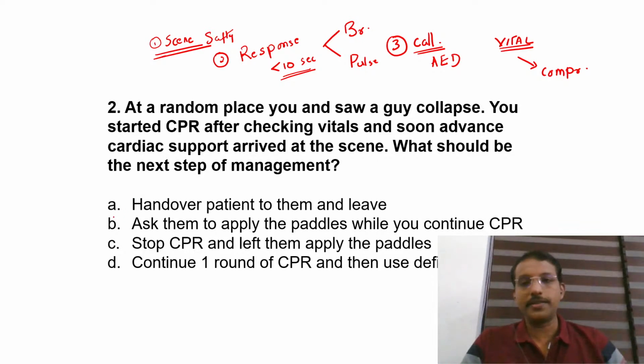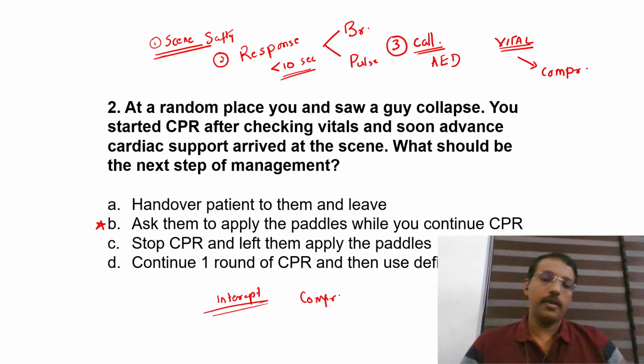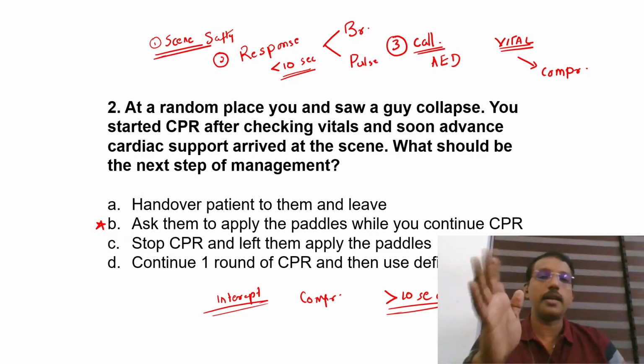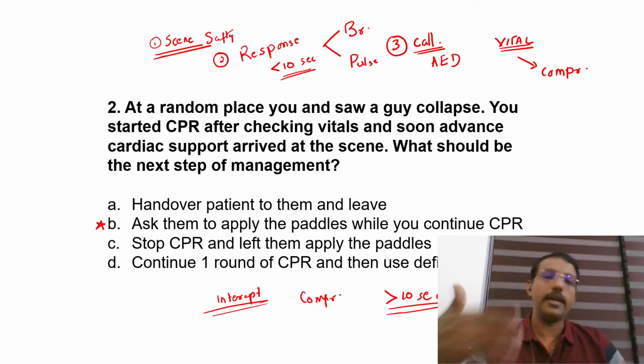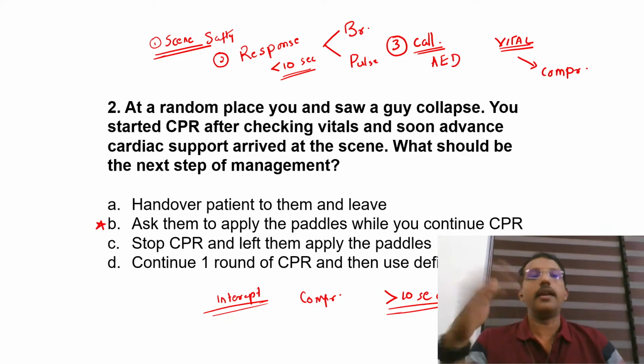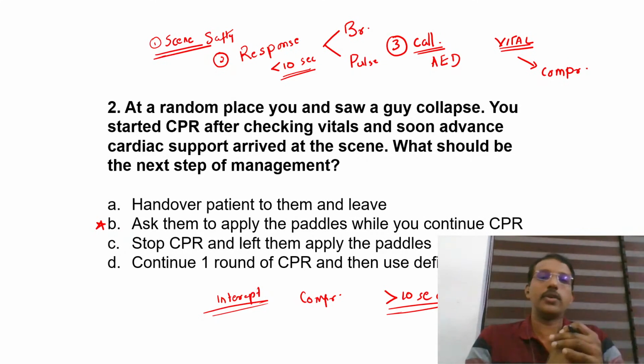Now, why this question becomes important is the key idea that you should not interrupt the compressions for more than 10 seconds at any cost. 10 seconds is the maximum time you can interrupt a compression once you start the cardiac compression of an arrest patient, between switching the rescuer or doing a defibrillation, etc. So, whenever the people who have come to help you are applying the paddles of the AED, you should continue the CPR.